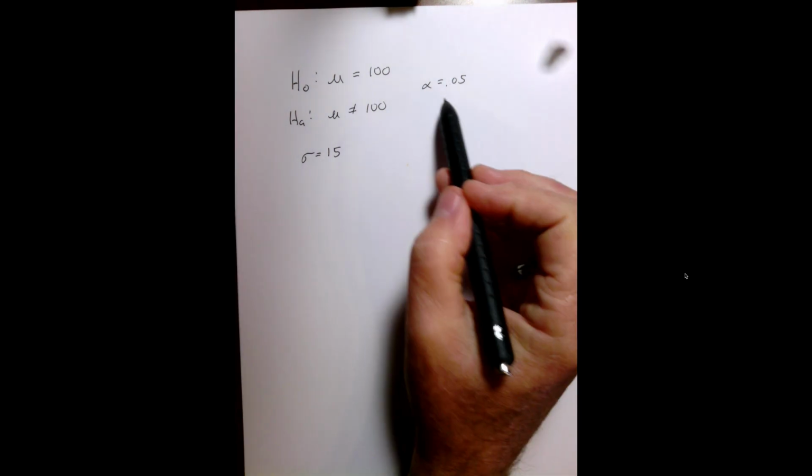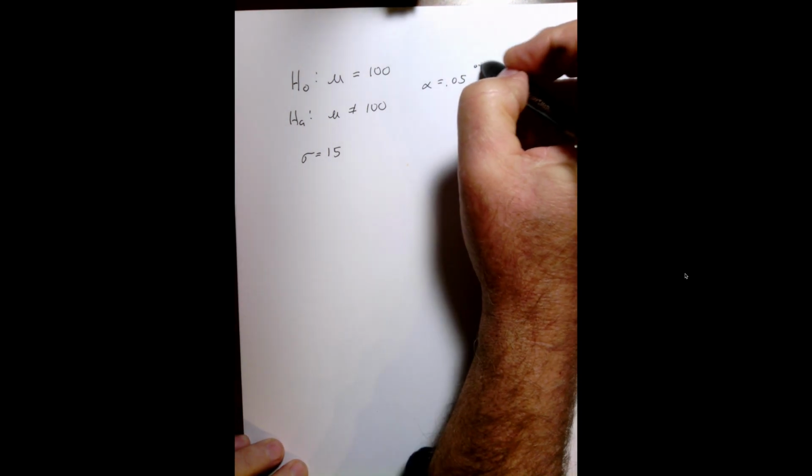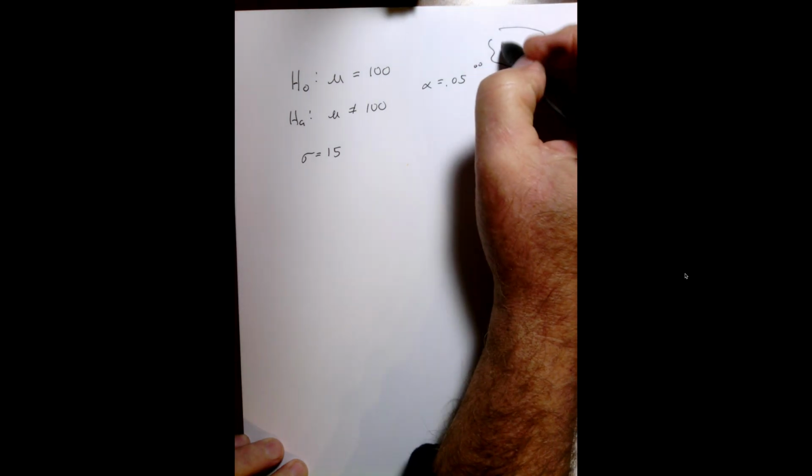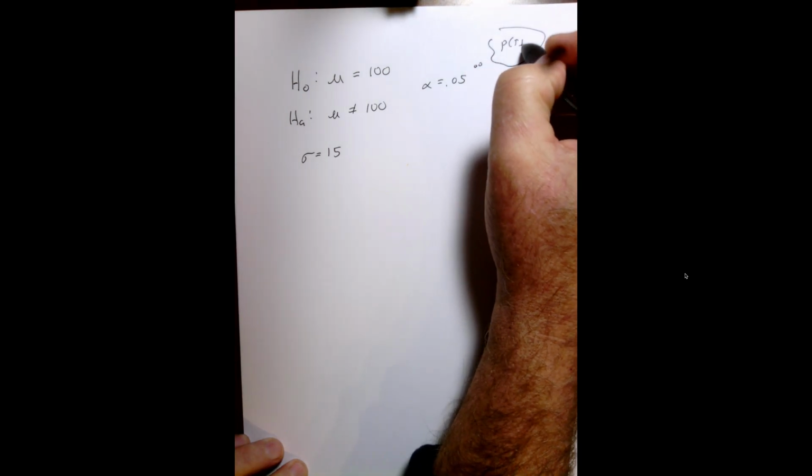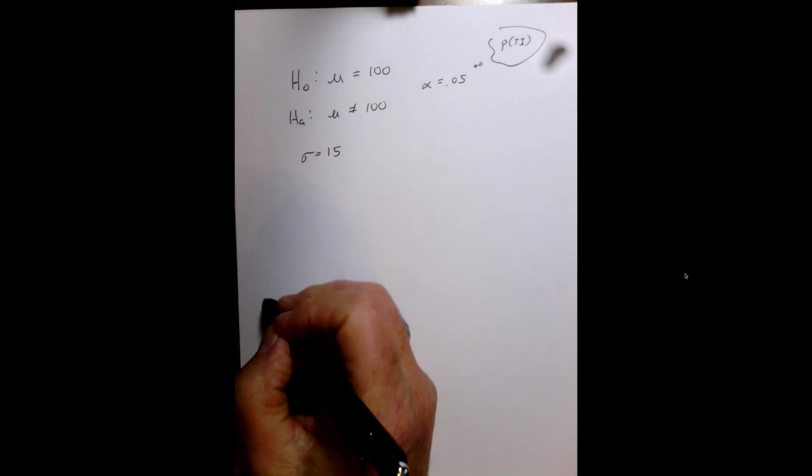We're testing at 0.05, so right off the bat, this is the probability of a type 1 error, because again, alpha is the probability of a type 1 error. So we are allowing ourselves a 5% chance of making this error.